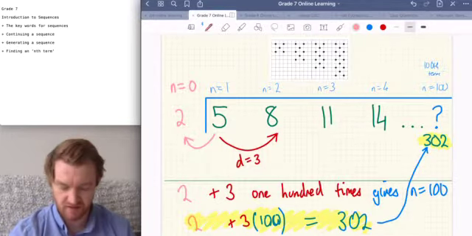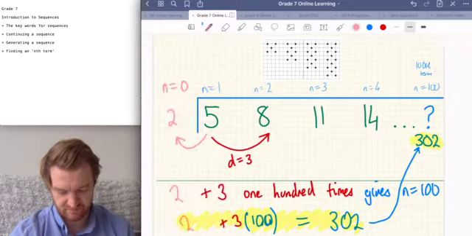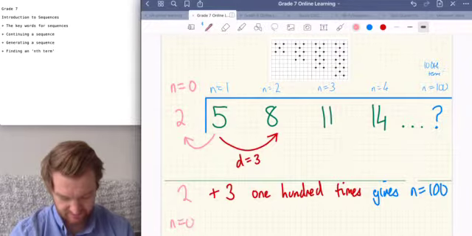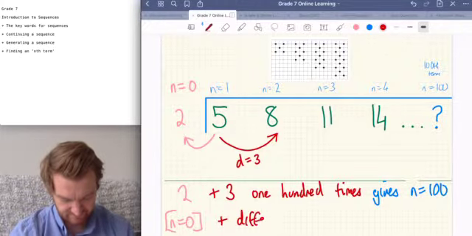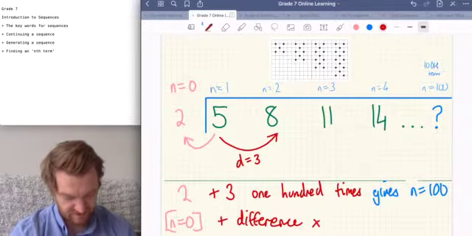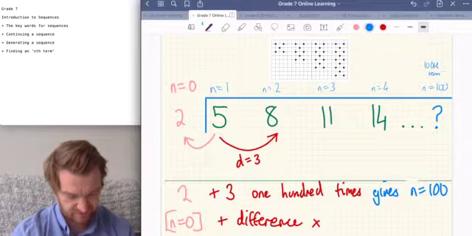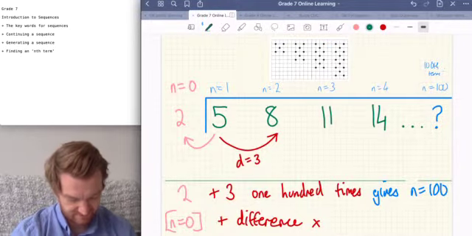Where do those numbers come from? Well, 2 was the n equals 0 term. 3 was the difference. And we multiplied that by what term you're trying to find. And the term we're trying to find is always that letter n.